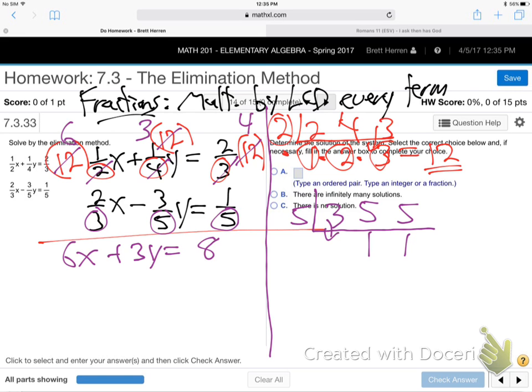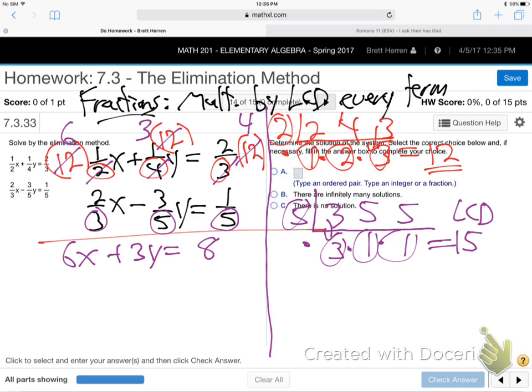Doesn't go into the 3, so just bring it down. Remember that? And then that's it. Nothing but 1 goes in. So multiply, equals 15. 15 is the LCD.